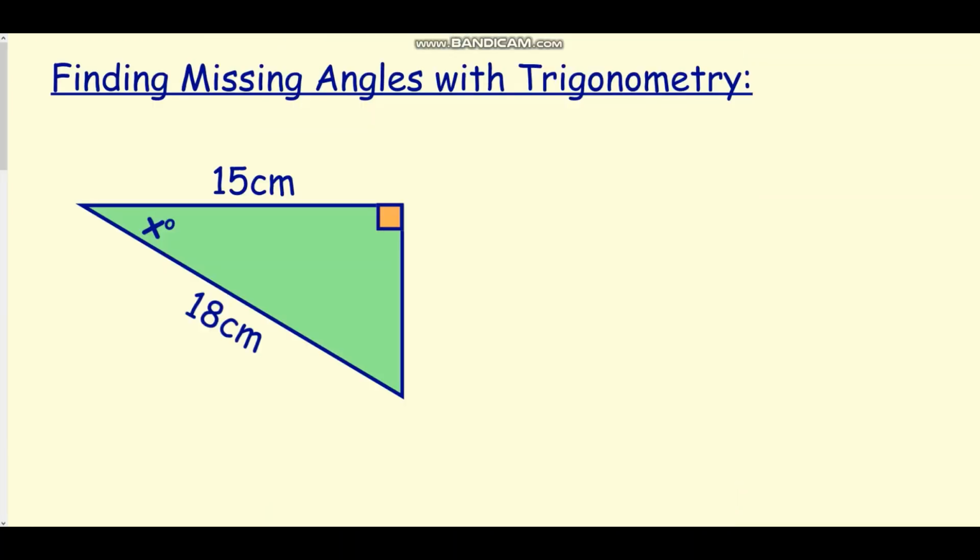Right, so how do these things work? Let's start by doing exactly what we did last time, writing down SOHCAHTOA. Sine is opposite over hypotenuse, cos is adjacent over hypotenuse, and tan is opposite over adjacent. Let's label the sides that we have information for. We have information for the hypotenuse and for the adjacent side.